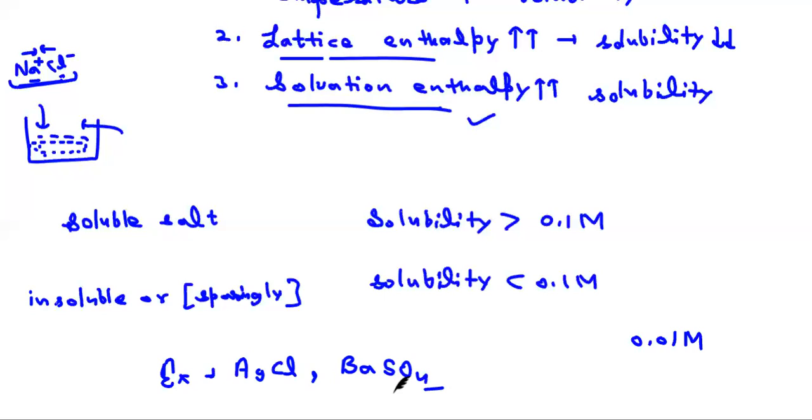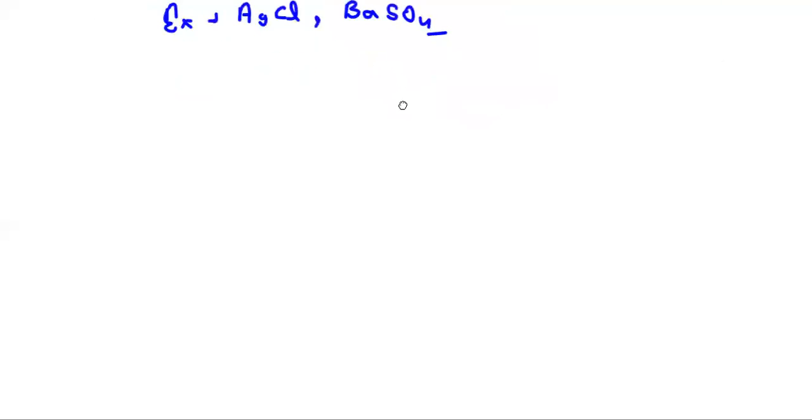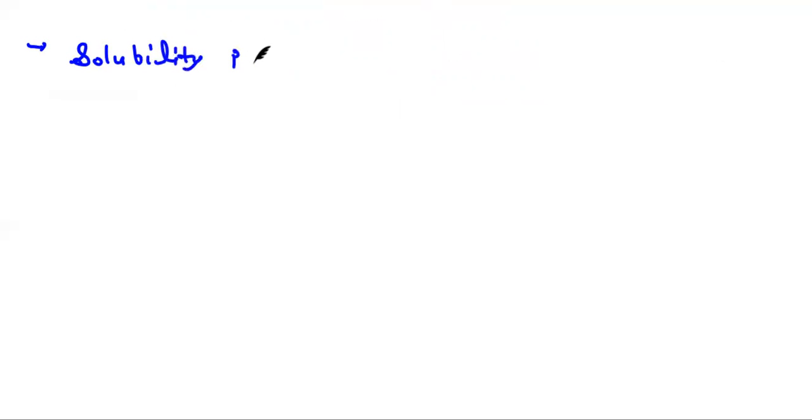Okay. So now I am going to discuss a very important portion, which is solubility product. We have one factor, and that factor we are going to study is the solubility product. What is the meaning of that? It's a product of the concentration of the ions in the concentrated solution of the salt.